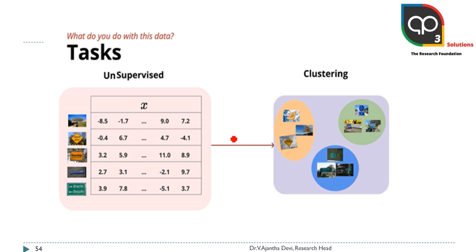This is a cluster of signboards which are blue in color, and this cluster contains all signboards which are green in color. The catch here, dear friends, is that a human can interpret that this is what the cluster is doing, but in reality there are no labels associated with the cluster. It just happened that in this case, all these images nicely fitted to these three clusters.